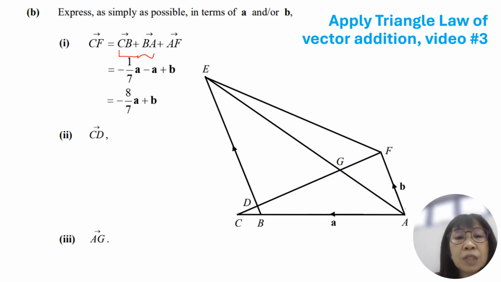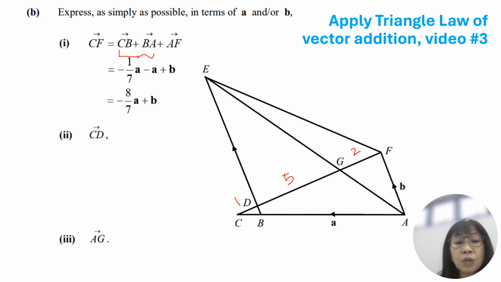Now, how about CD? Let's look at the information that we already have earlier on. I know that CD is here, and CD is related to CF, which is what we already have here. So we are going to apply the ratio that we already know, because I know that this is 1 unit, this is 5 units, and this is 2 units.